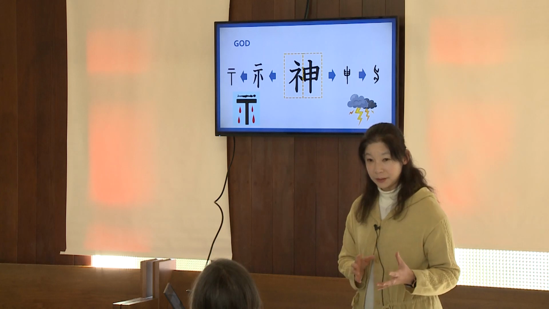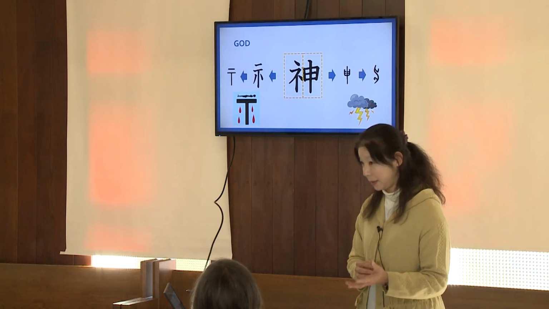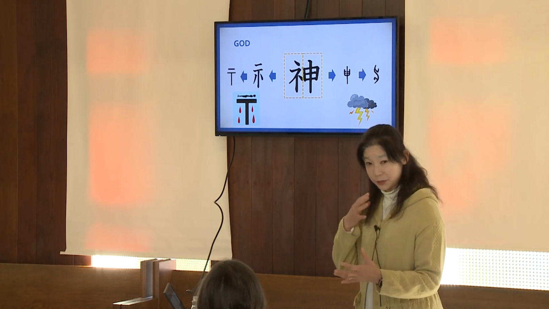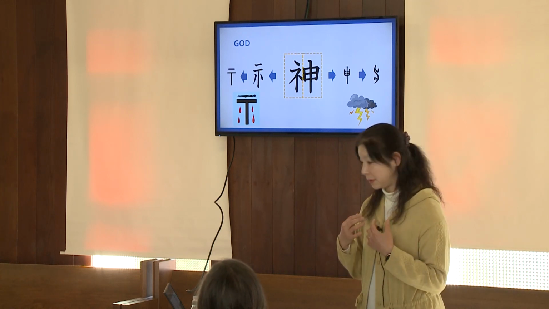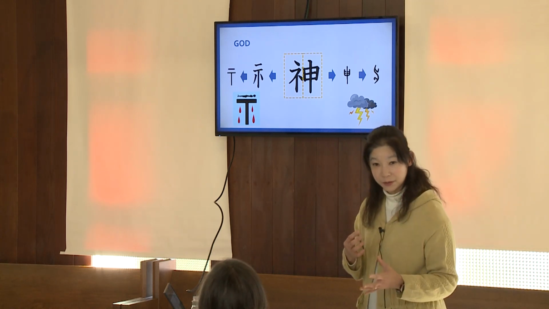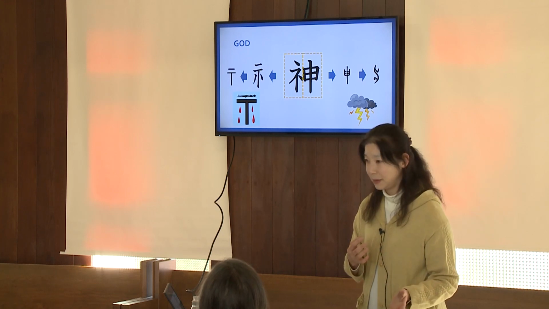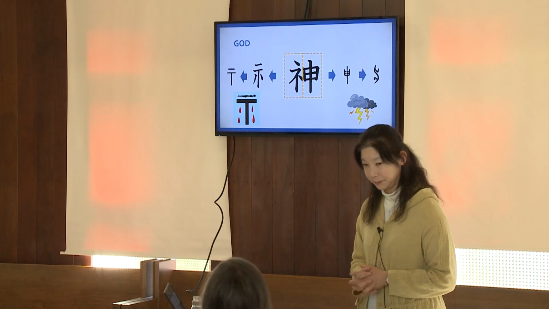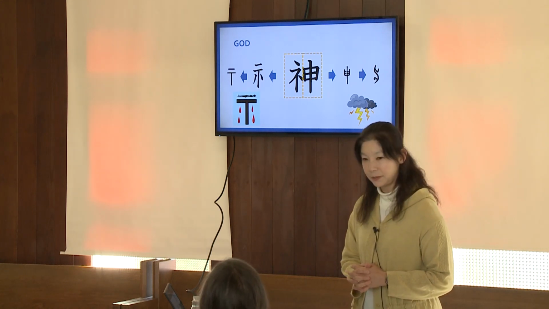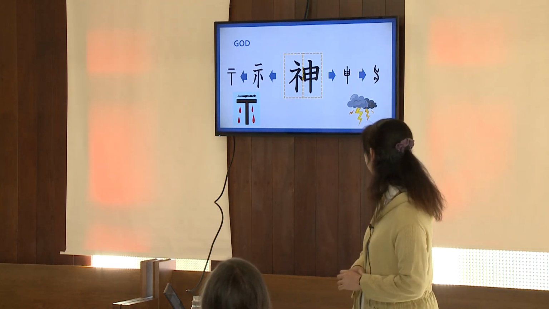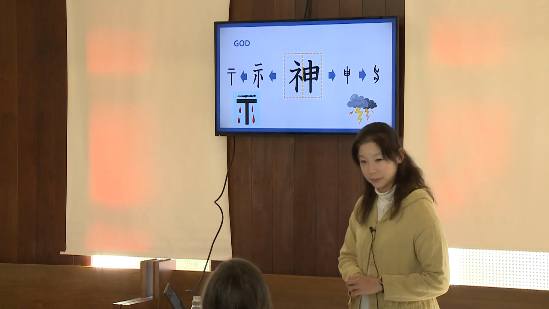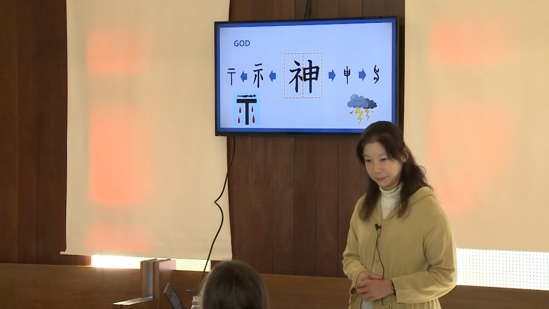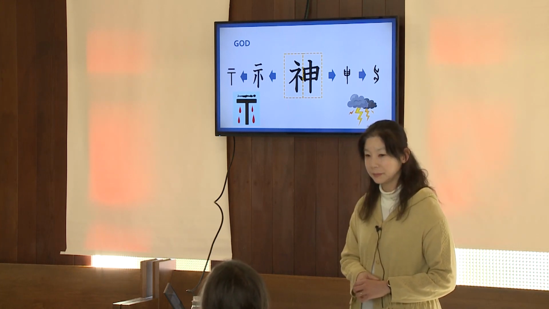So the ancient Asians, Chinese, understood the relationship between human and God as offering sacrifice and hearing from God through thunder. But the thunder wasn't necessarily bad. Aha, okay, that's the way God speaks to us. Yes, but not bad. Okay.